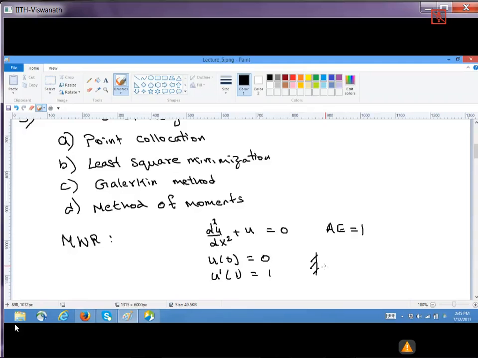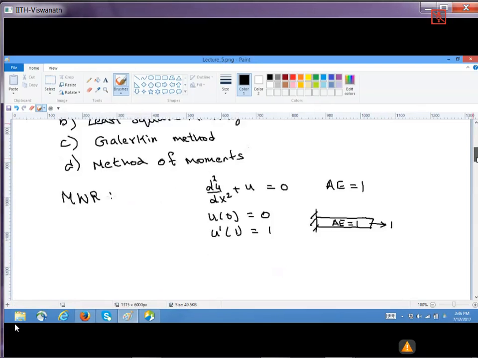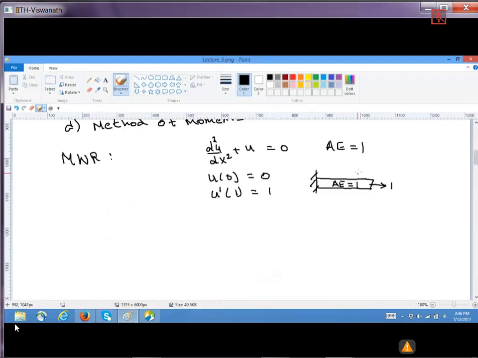That is, last is a bar whose A times E is equals to 1, and the load is also equals to 1 with a uniformly distributed load all along the length proportional to u itself. So when I just write here u, you need to understand that u is a function of x.